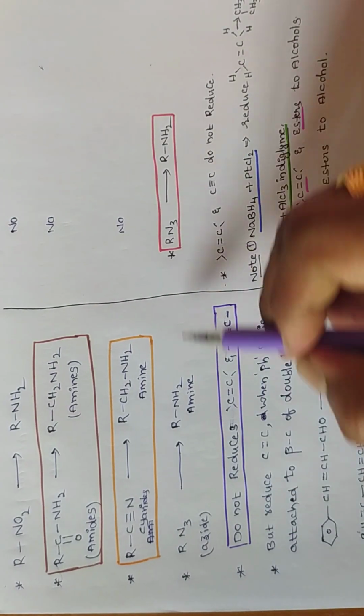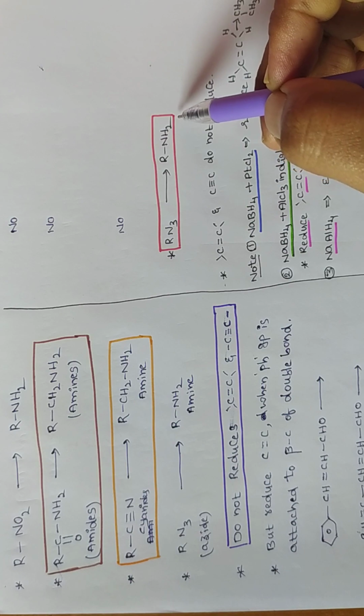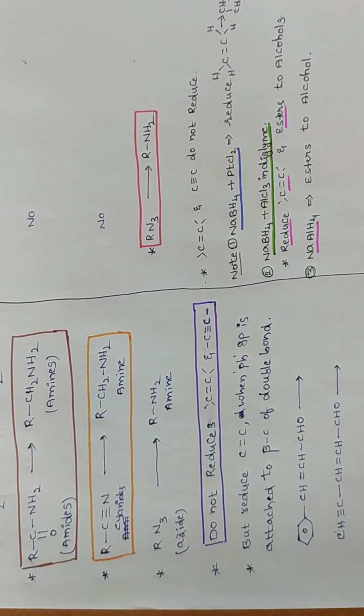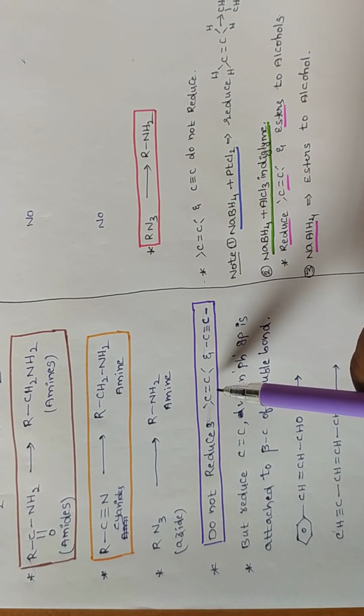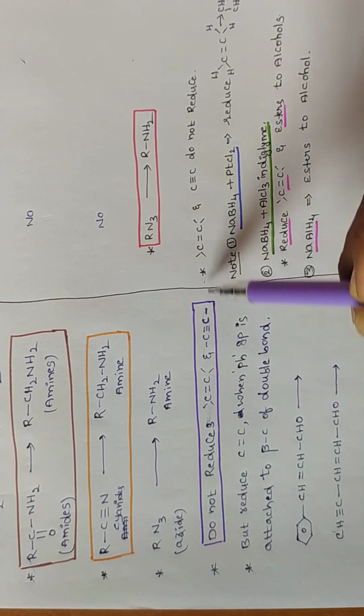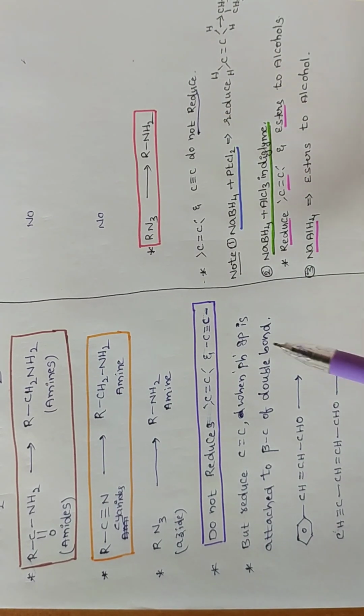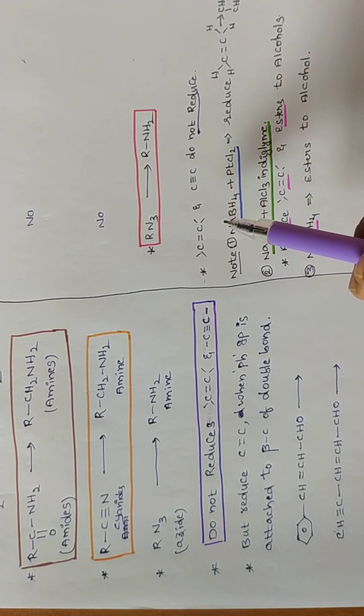Next, azides are converted into amines by both. Last one: both do not reduce the carbon carbon double bond or triple bond. Both lithium aluminium hydride and sodium borohydride cannot reduce them.